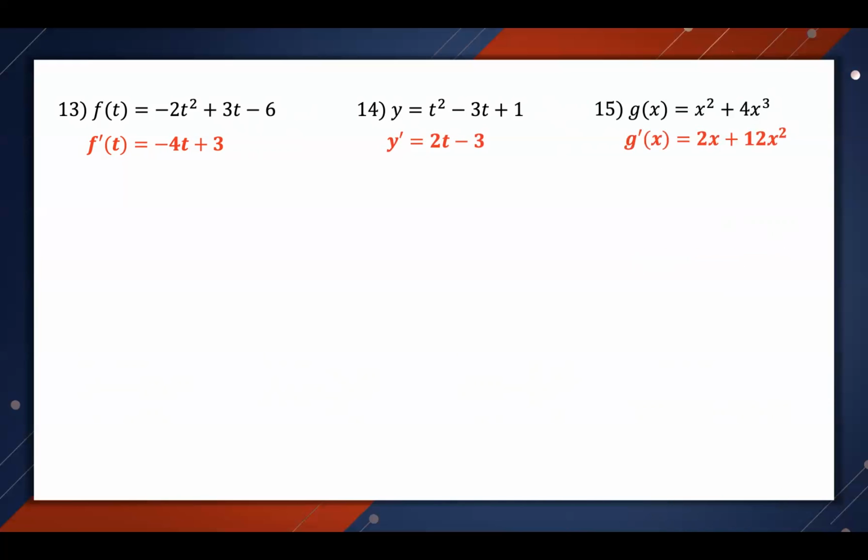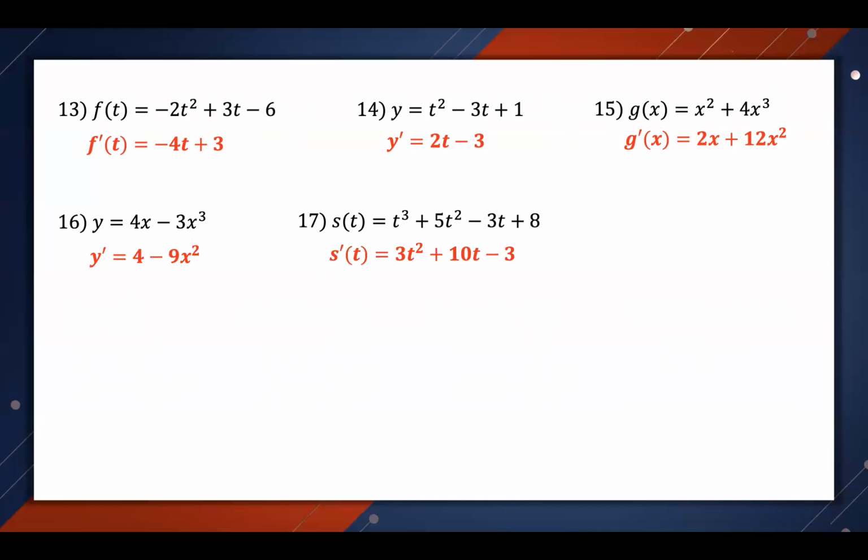We could get that g prime equals 2x plus 12 times x squared. For number 16, y equals 4x minus 3 times x cubed. So y prime equals 4 minus 9 times x squared by using the power rule, constant rule, and sum and difference rule.